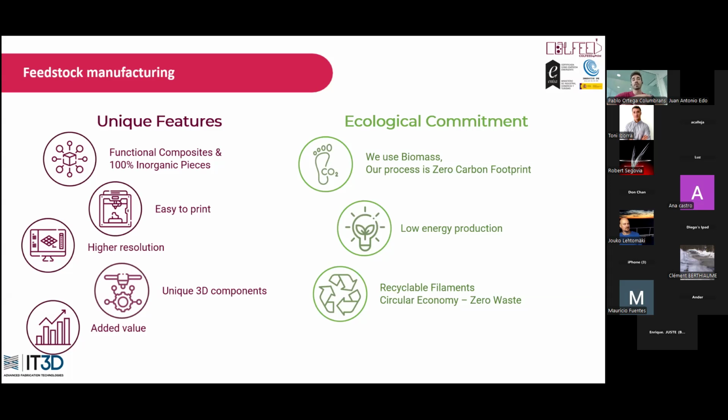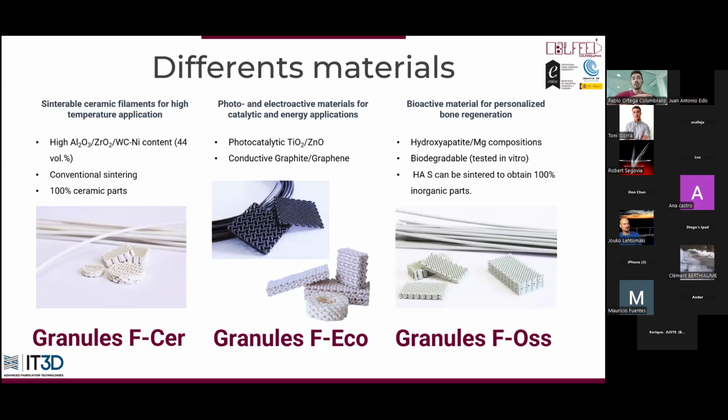We are not only able to revalue waste particles from other industries, even metallic or ceramic, but also to revalue printing and production errors, producing granules again that we can extrude into filaments or use directly in these hopper systems. In this slide, you can see an overview of our catalog with different particles depending on the main industrial application. And we will see some examples below.